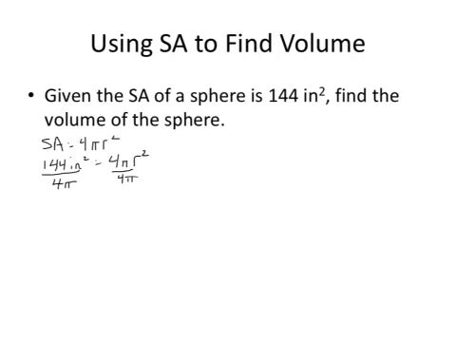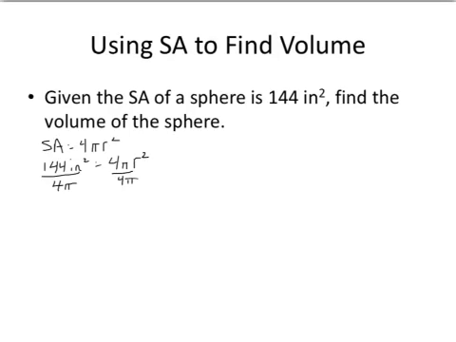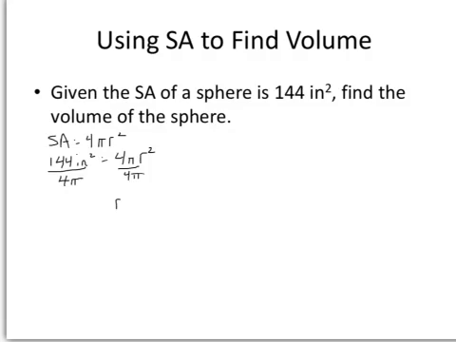So I take 144, divide by 4, divide by pi, and I get r squared is equal to 11.46. Now I take the square root of this, and I get r equals 3.39 inches.